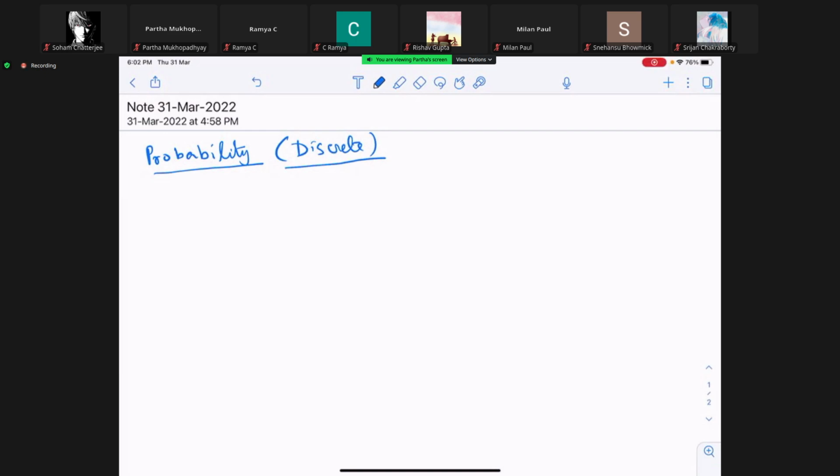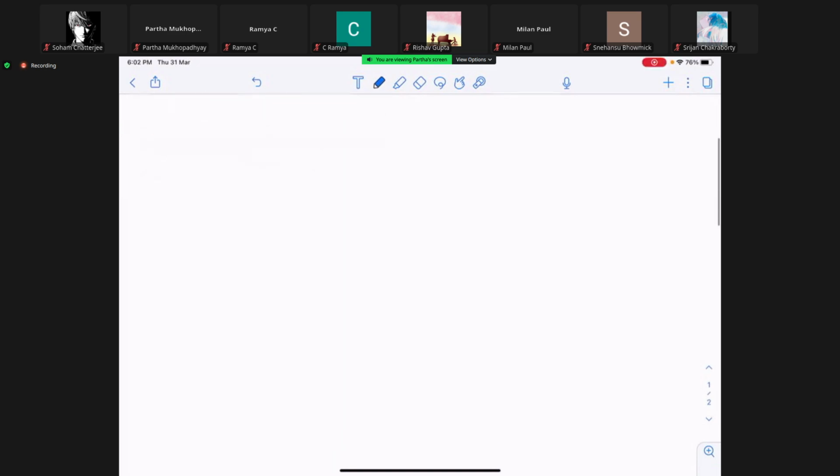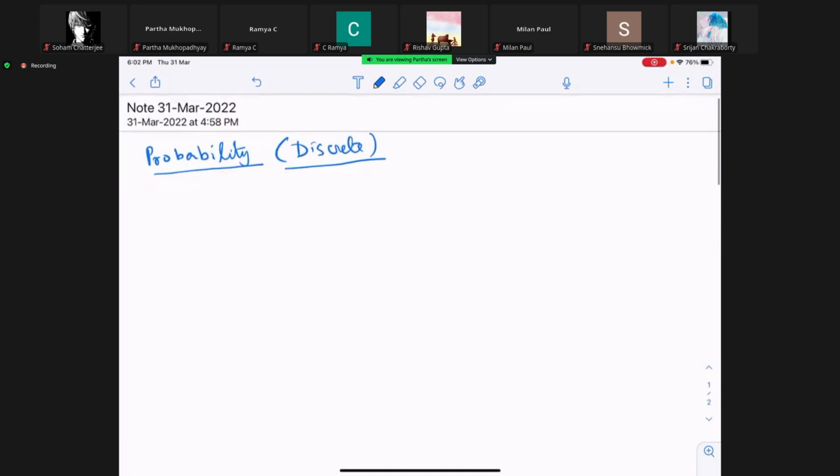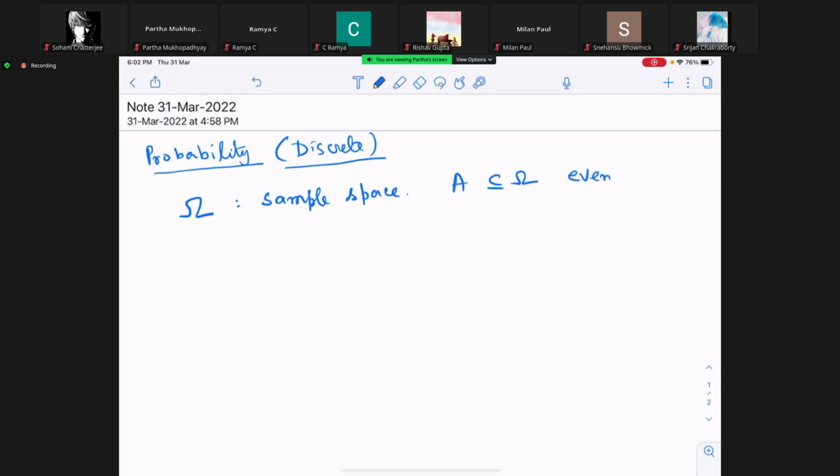Okay, so let's start. As I said, I will not go into all the technical definitions, because you know them from the other course. As you all know, this is referred to as the sample space. And A is the event, and the probability of the event is defined as follows.